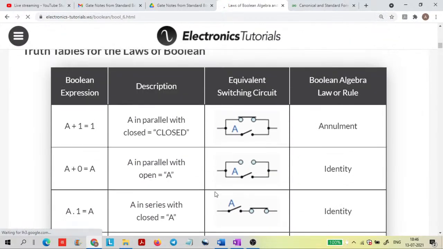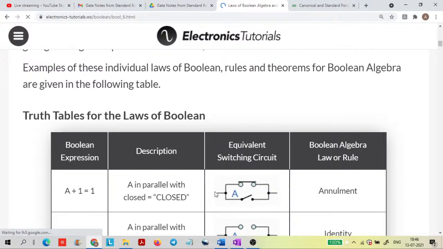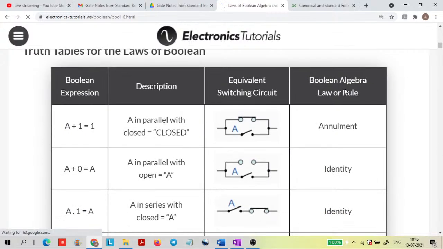These are the different Boolean expressions and laws, that is, Boolean algebra.